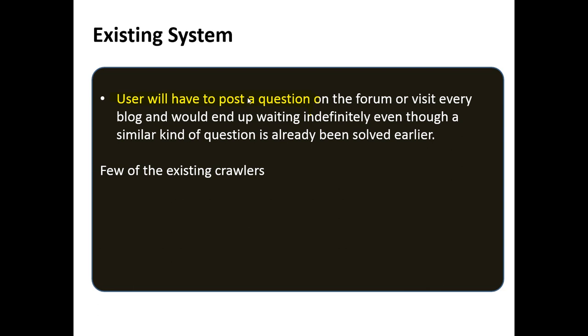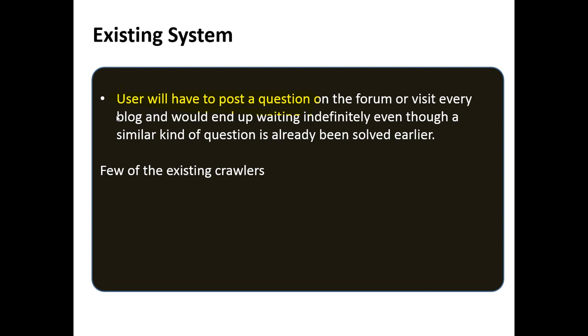How good it would be if there were an algorithm that pulls the answer from some other forum and shows it on the current page. But in the existing system we don't have that. The user will have to post a question on one forum and visit it every day to check if somebody has answered it.